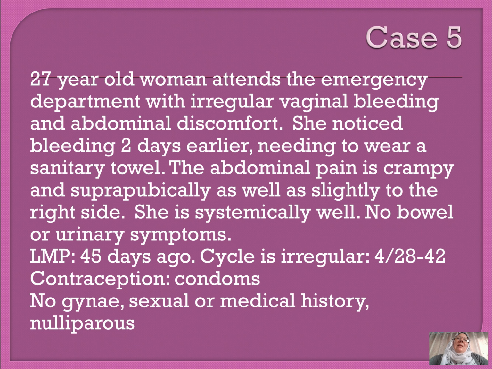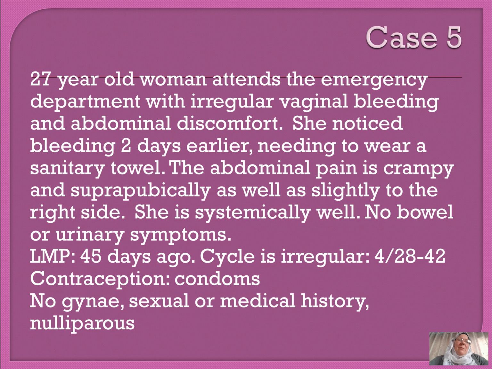So our next case is a 27-year-old woman who attends the emergency department with irregular vaginal bleeding and abdominal discomfort. She noticed bleeding 2 days earlier, needing to wear a sanitary towel. The abdominal pain is crampy and suprapubic, as well as slightly to the right side. She is systemically well, with no bowel or urinary symptoms.